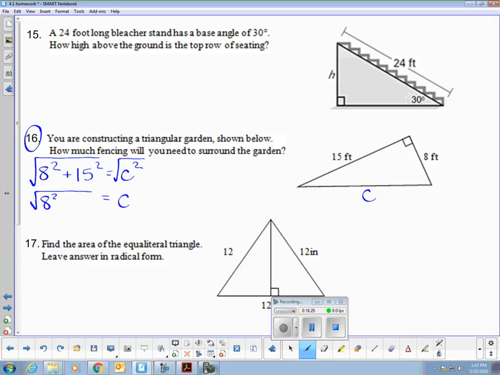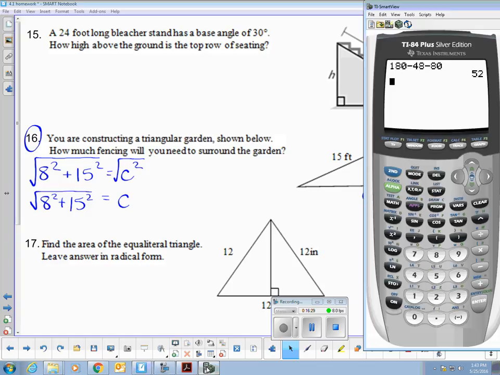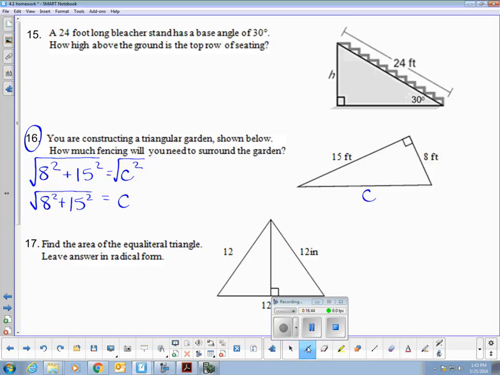So we're going to calculate the square root of 8 squared plus 15 squared. So c is equal to 17. So to find how much fencing, I need to add 8 plus 15 plus 17.